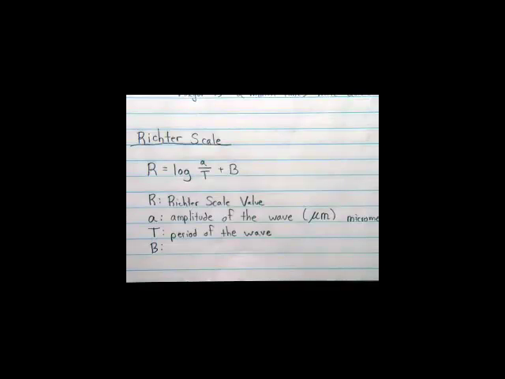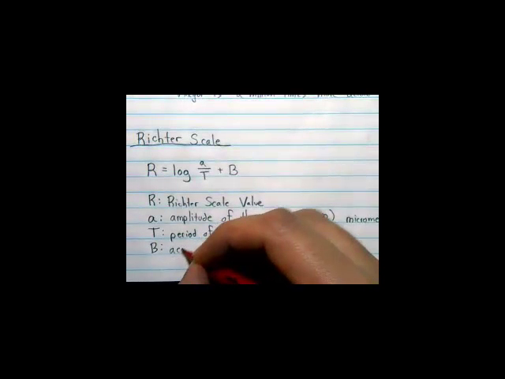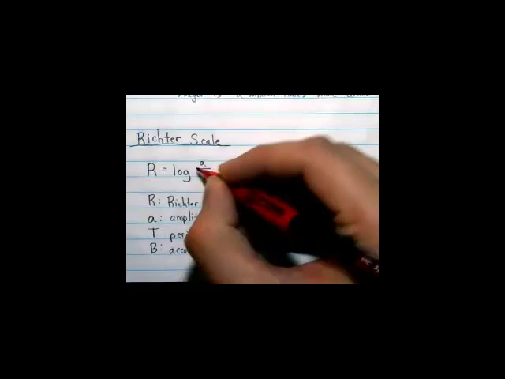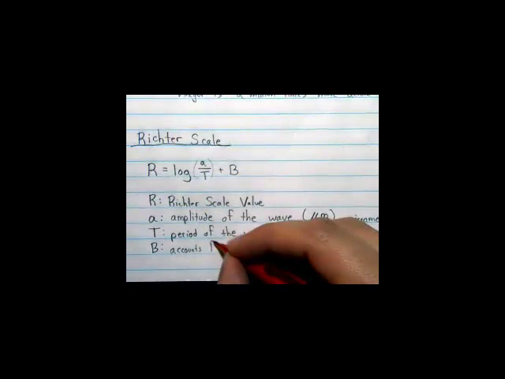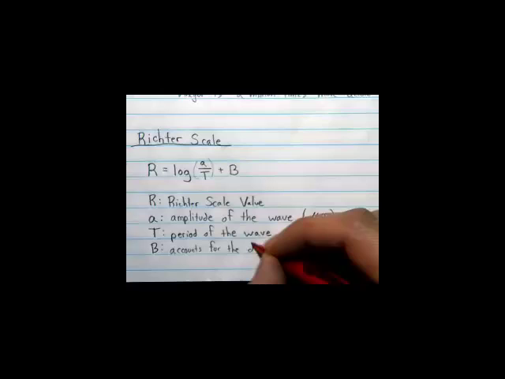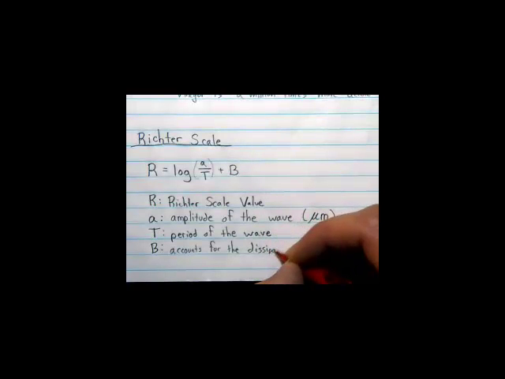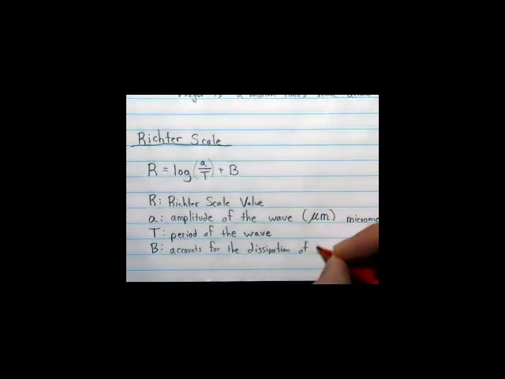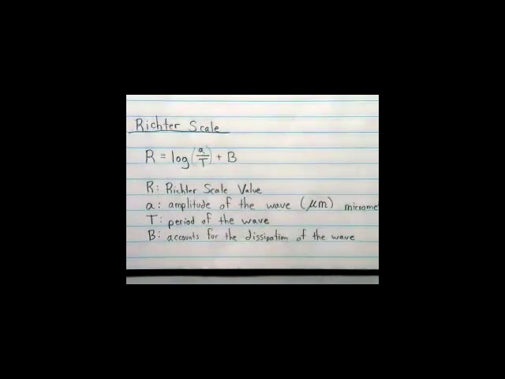I don't know if they really give a unit for that. Are we taking the log of that whole thing? Nope, just the log of this, and then plus B. So that B is just a number, depending on the earthquake that you have, that accounts for the dissipation of the wave. It'd be some different number that would get put in there.